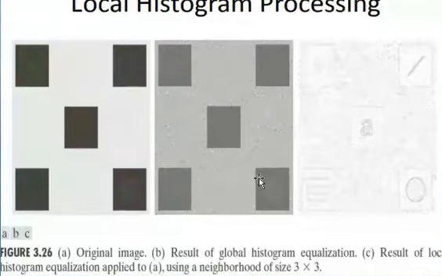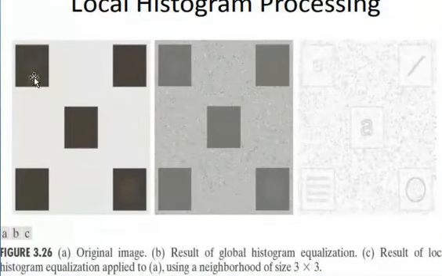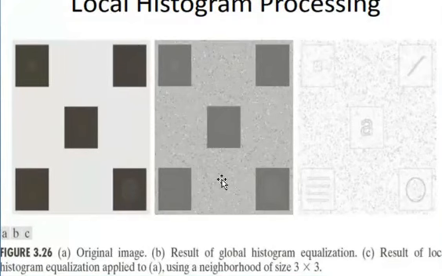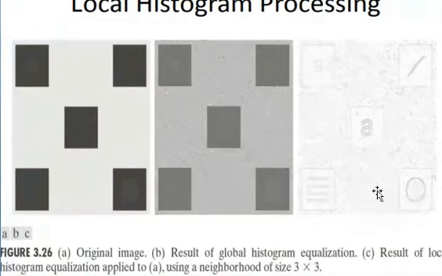Am I correct? My intention is only this part, not here. But after applying global histogram equalization, I get an image like this, which is not our desired one. In such a case, use the local histogram equalization. Take the neighborhood size 3 by 3.